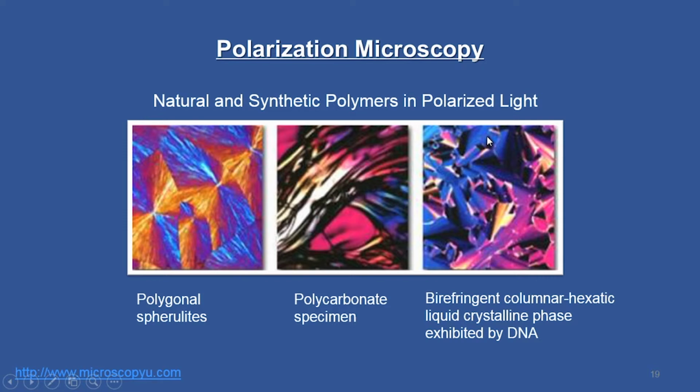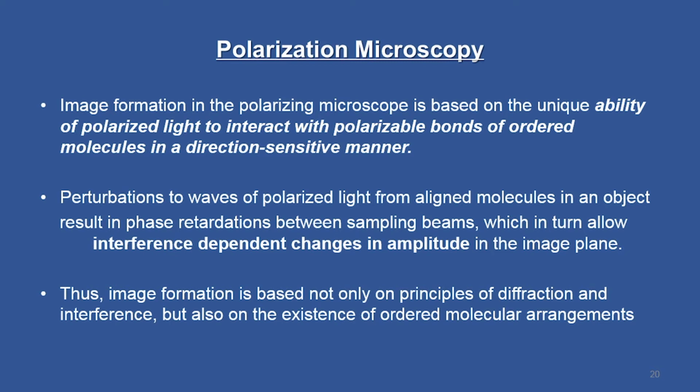So, the reason I brought this slide, again similar to phase contrast from this website, is to appreciate the enhanced contrast which you get as compared to the bright field illumination. So, if you look at the principles of polarization microscopy, it goes like this. The image formation in the polarizing microscope is based on the unique ability of polarized light to interact with polarizable bonds of the ordered molecules in a direction sensitive manner.